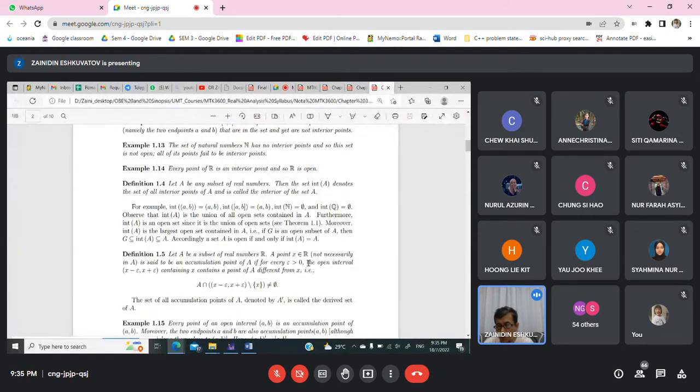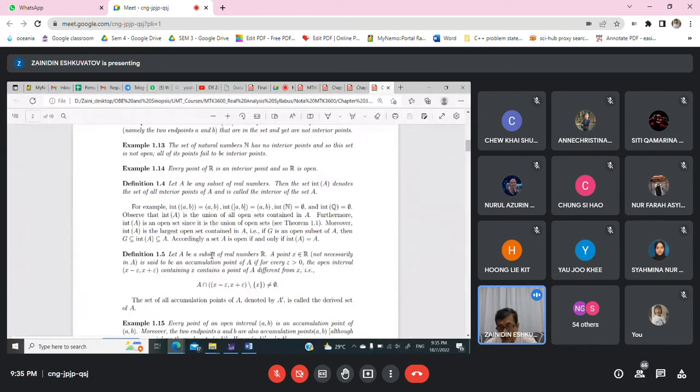So a point X is said to be an accumulation point of A if for every epsilon, you see, always dealing with this open interval containing X, it contains a point of A different from X. In other words, this interval contains a lot of points of A. You see this nice relation, the not equal to the empty set, that means non-empty.